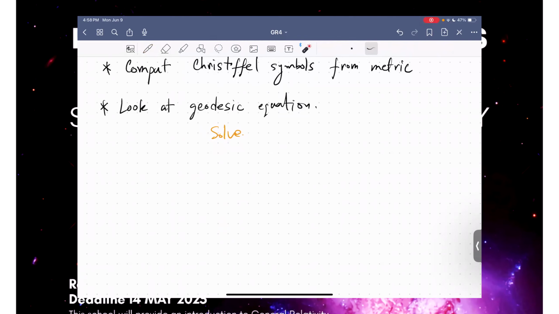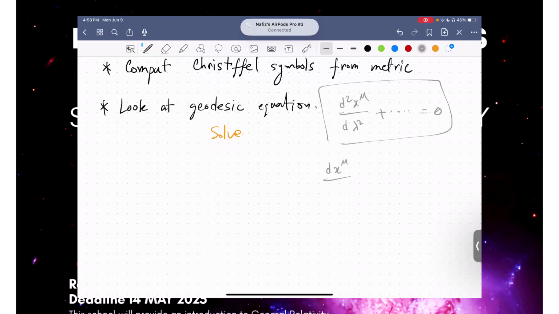We don't actually need to know what x is. Roughly speaking, your geodesic equation is going to look something like d²x/dλ² plus a bunch of complicated things involving the Christoffel symbols equals 0. Now, we don't actually need to solve this thing. We simply need to be able to compute what dx^μ/dλ is at some arbitrary value of lambda.